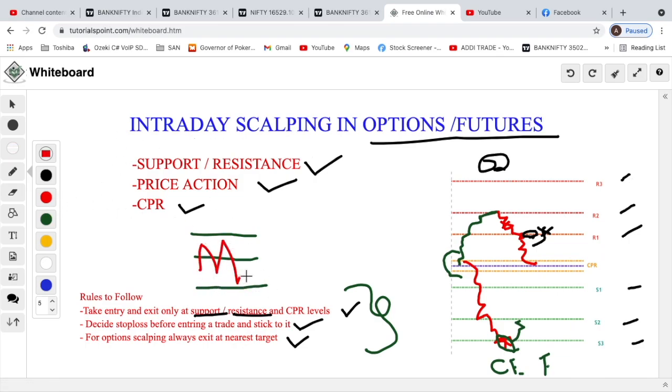Okay, this is a general rule which is there for CPR. Any CPR book, any video you watch, this is what will be told to you. If the CPR is narrow, the three lines are very narrow, it will most likely be a trending day on the upside or downside, or it can even do both, go up and come down. It can do both. We'll see that on the charts.